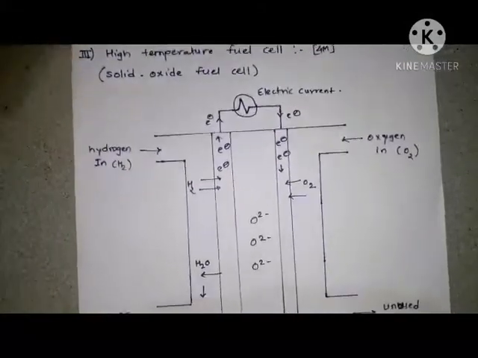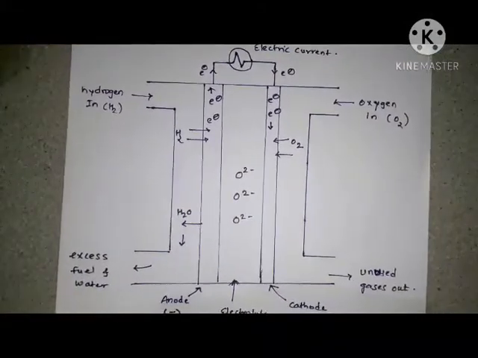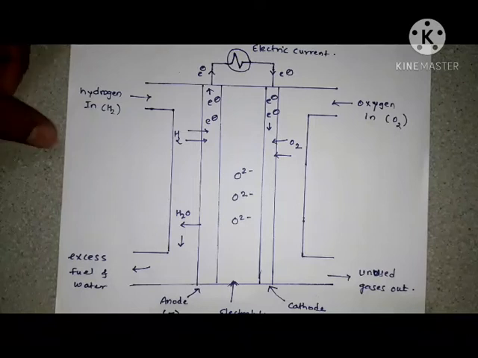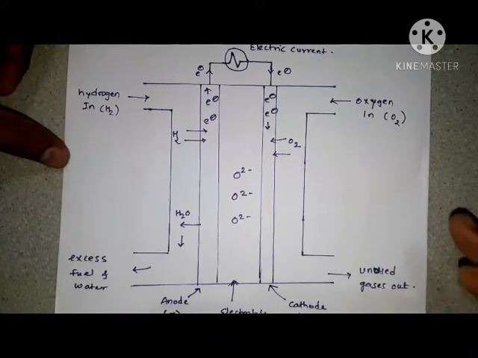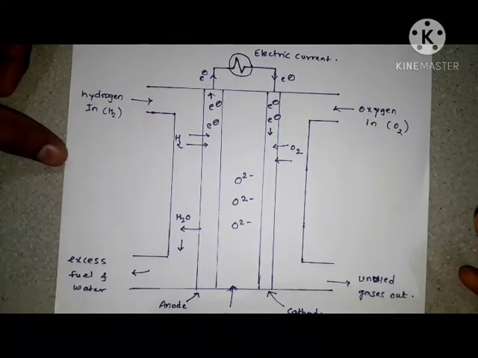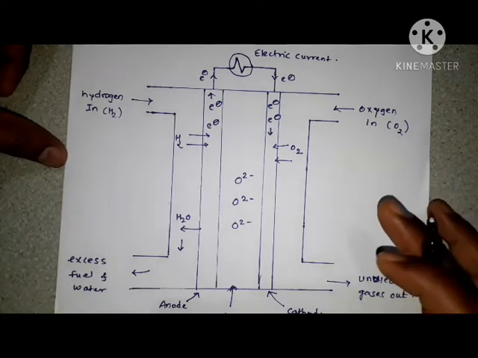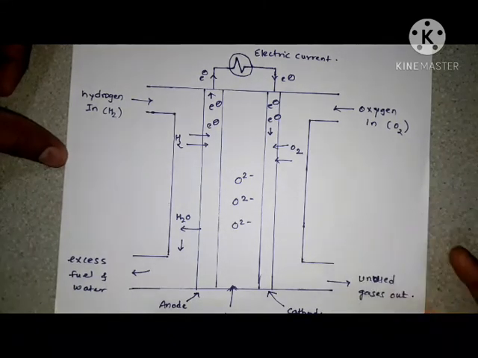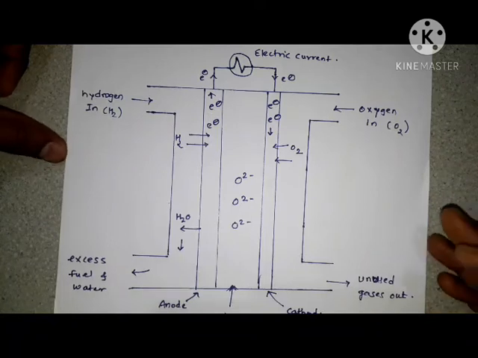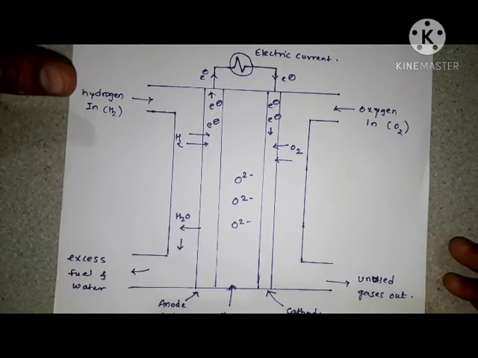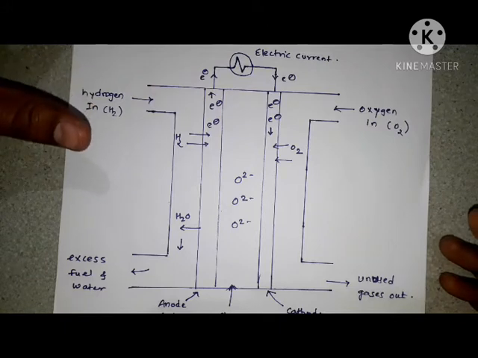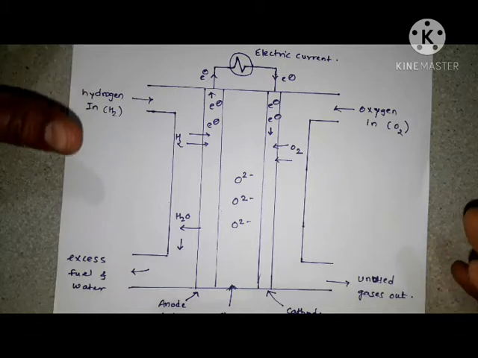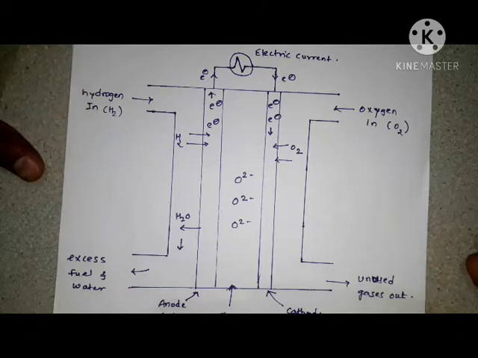In the explanation, the first point is solid oxide fuel cells are a class of device which convert electrochemical fuel to electricity. Okay, the well-known application is that electrochemical fuel is converted into electricity with negligible pollution.